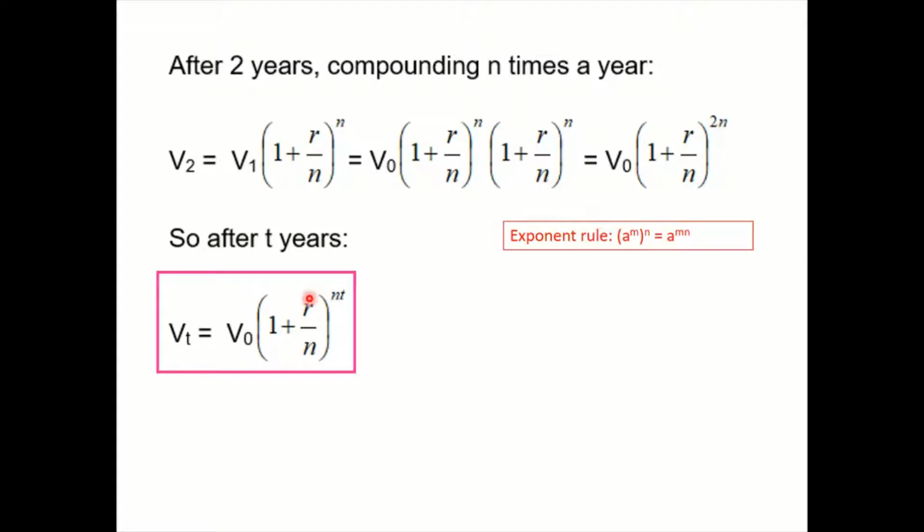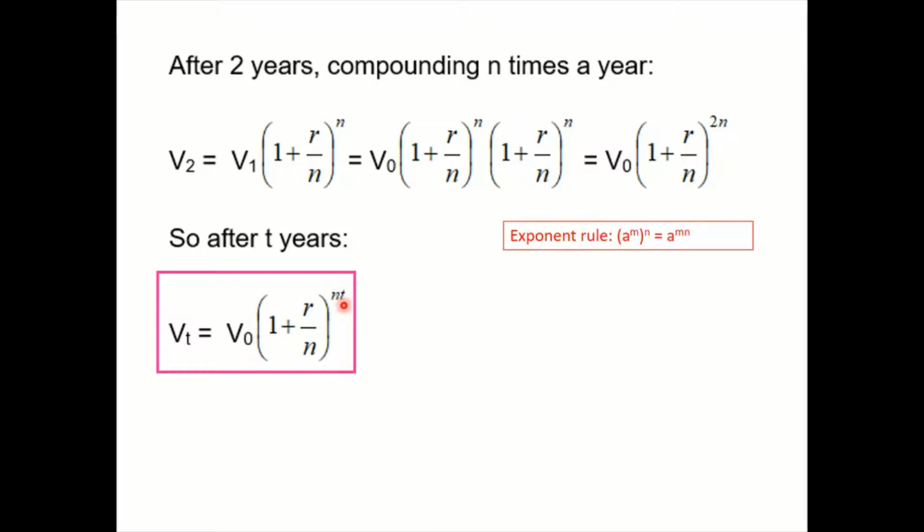So a more general formula, after t years, the value of our investment after t years, everything is the same as we saw above. Okay, n would be the number of times that we add interest within each year, the number of times that we compound within the year, and t would be the number of years that we are investing for.